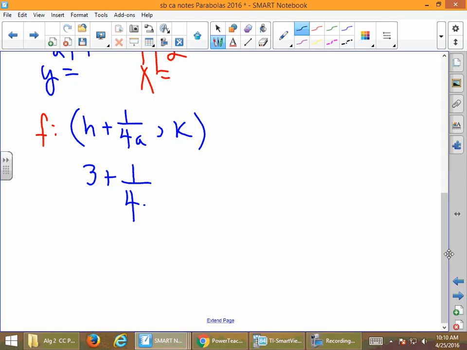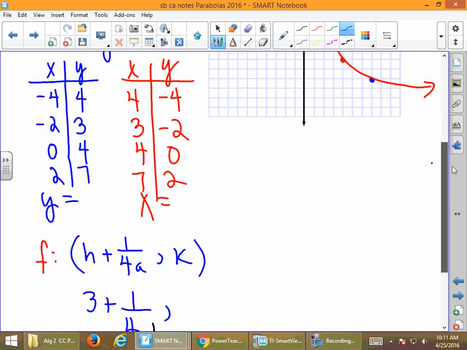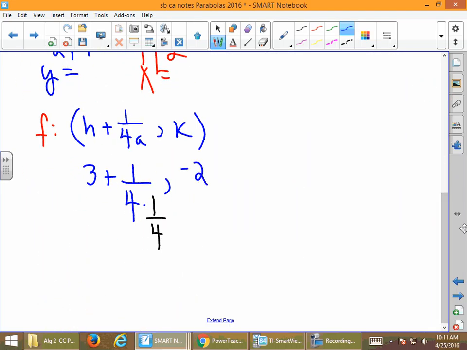Our a value this time is 1/4. And then our k value, the other part of our point, we labeled as -2. This one is a little bit simpler to simplify because 4 times 1/4 is 1. So this is really 3 plus 1, comma -2.